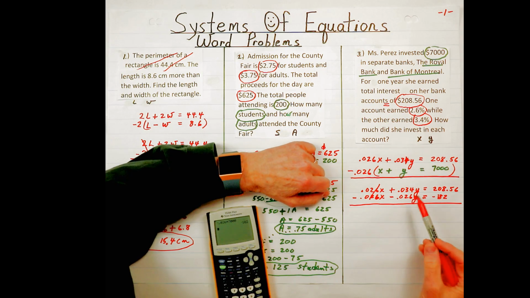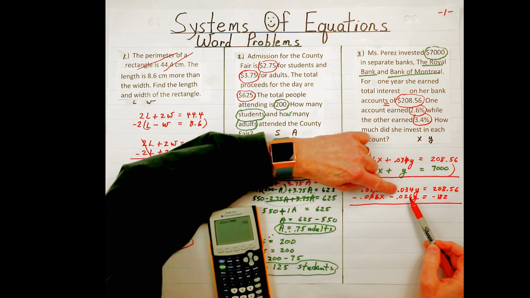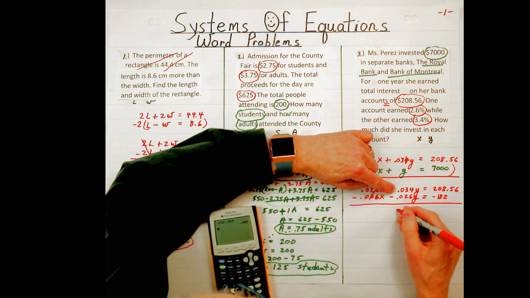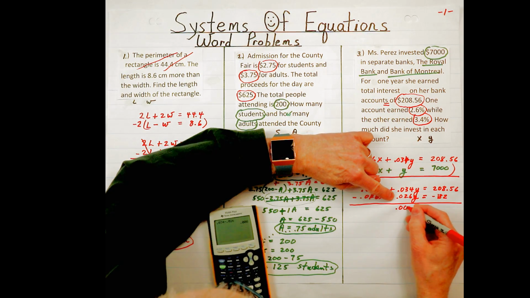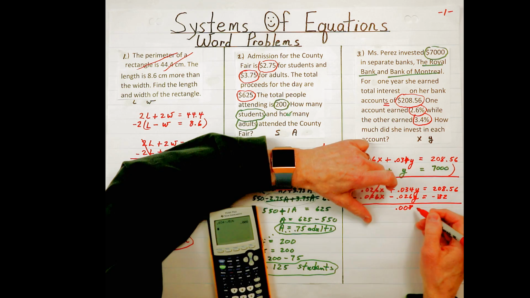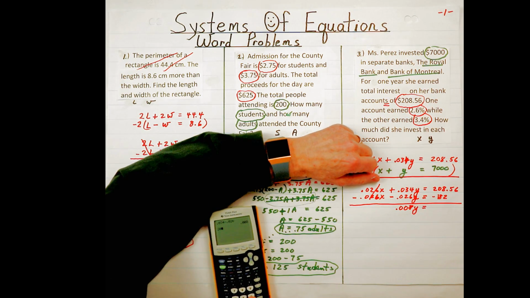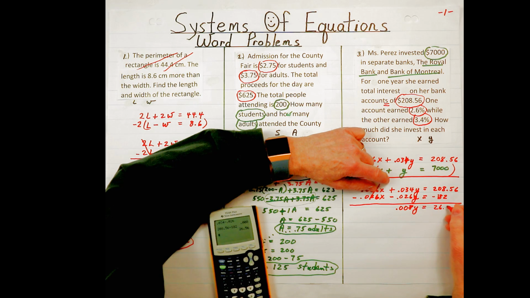So this cancels out. Now I know what I think this is, but because it's decimals and I'm a little bit tired, I'm going to do this on the calculator. Yep, that's what I thought it was, but I wanted to be sure. 0.008y equals 208.56 minus 182, 26.56.